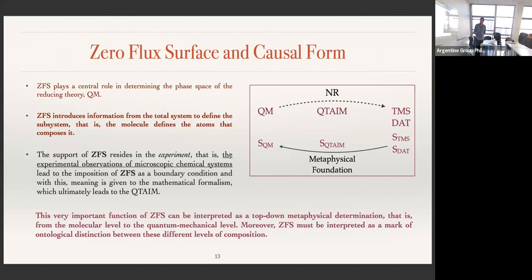And in this case, the molecule defines the atoms that compose it. I mean, when an atom is isolated, it is different from when the atom is in the molecule, because the atom, when it is part of the molecule, acquires properties that are in function of the molecule of which it is a part.